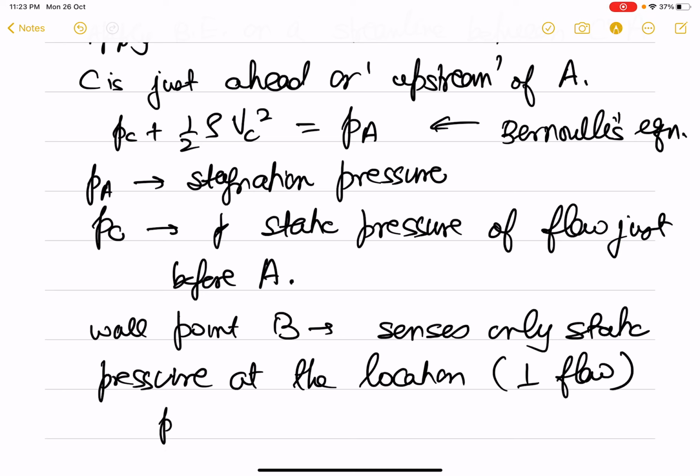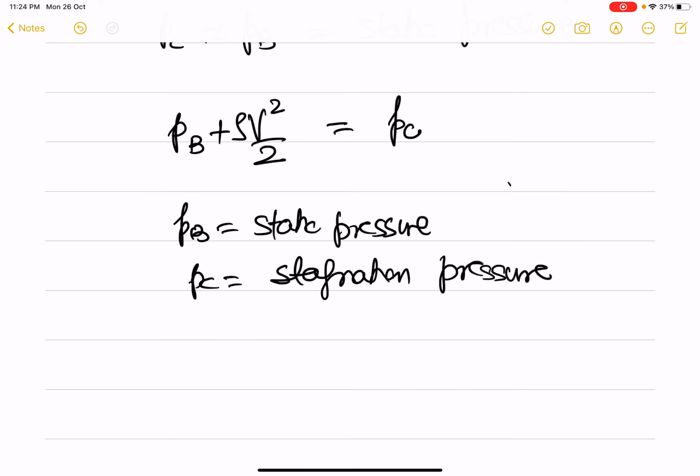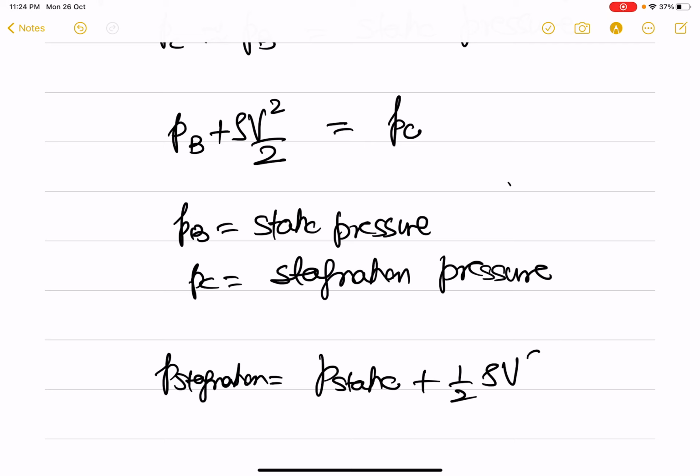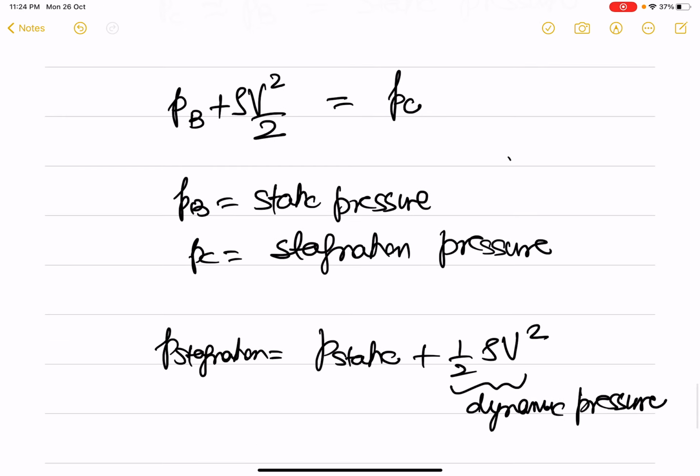So PC is nearly equal to PB, and this we call the static pressure. So what we have is that P stagnation is equal to P static plus half rho V square. We call this the dynamic pressure, or the pressure which comes because there's a velocity. If you convert that into pressure units, you will get half rho V square in terms of dimension of pressure.